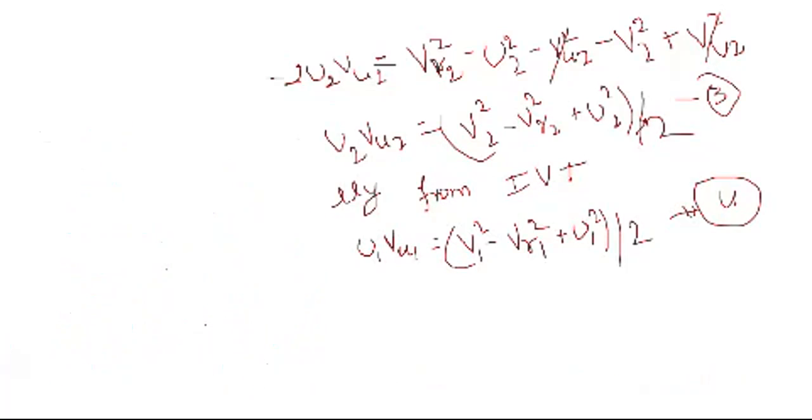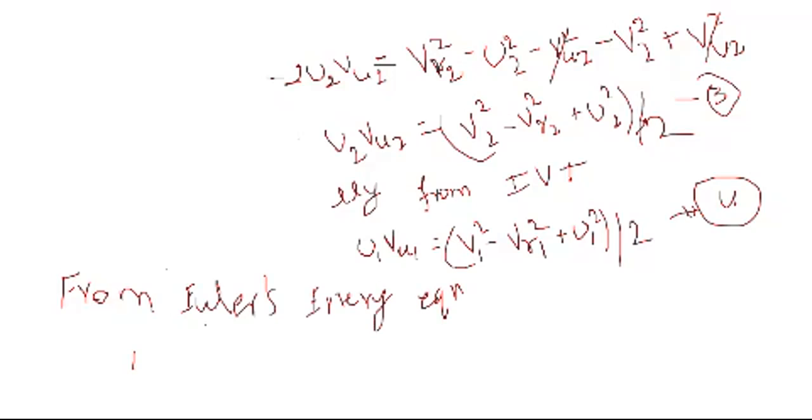Now from Euler's energy equation, you know that E, or else E naught, in joules per kg, is equal to U1 Vu1 minus U2 Vu2.